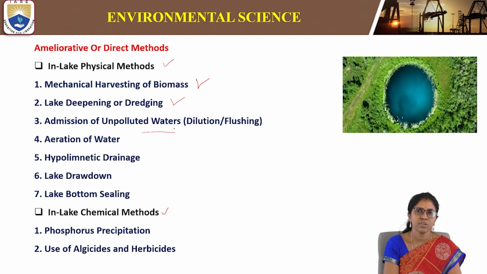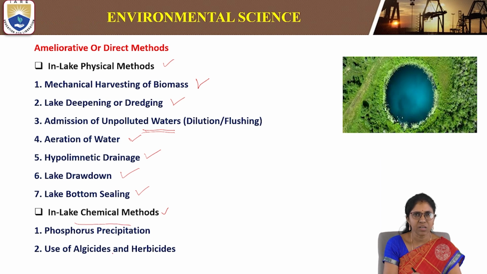Admission of unpolluted water means we are increasing the dilution and flushing. Also aeration of water, hypolimnetic drainage, lake drawdown, and lake bottom sealing. These are some of the in-lake physical methods which are under direct methods.